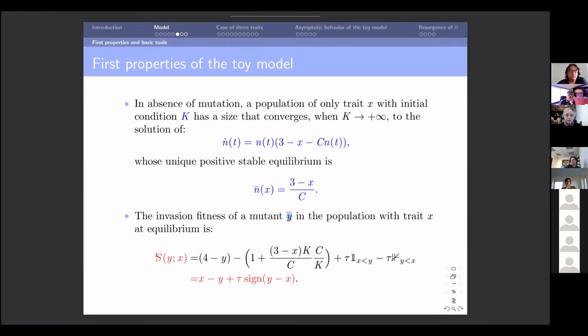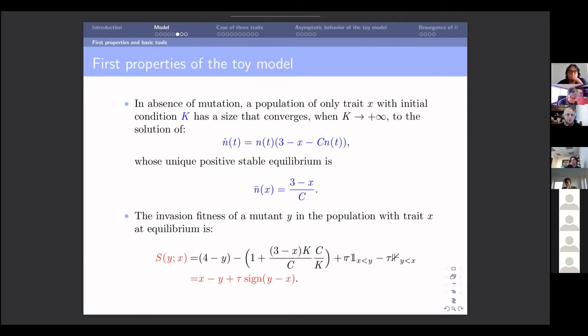This is what is defined as S of YX, the fitness of the mutant Y in the population X. So you have the birth rate, 4 minus Y. The death rate is 1 minus the total population size, which is approximated by n bar X times K, times C over K, because in the death rate I have C over K times N. So all these cancel out, and you get X minus 1 in the end.